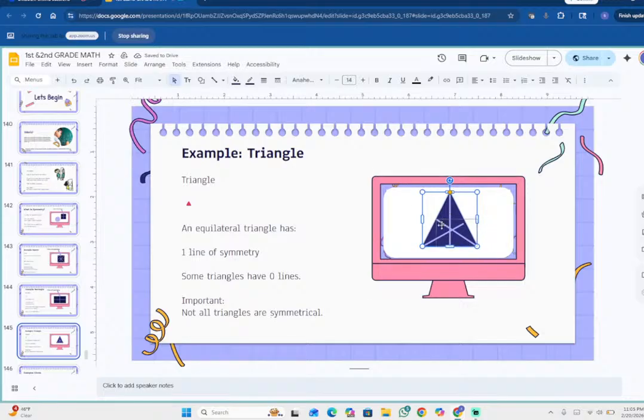But generally, we would say it has 1 line of symmetry. However, if it was truly equal on all 3 sides, then we would have 3 lines, since we could rotate the shape 3 times to get into its exact position.